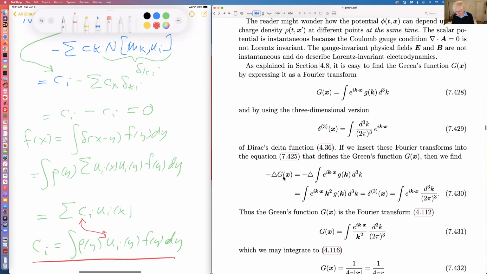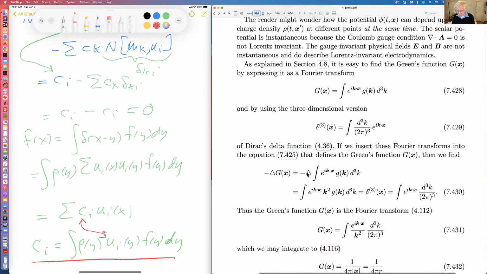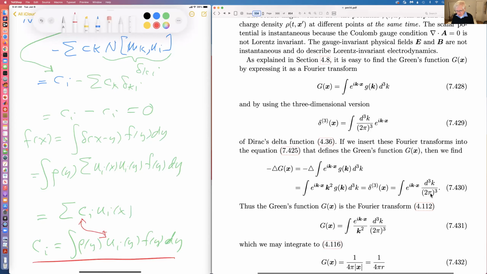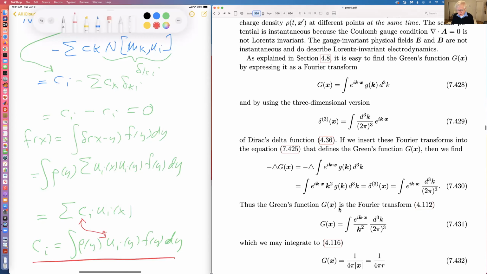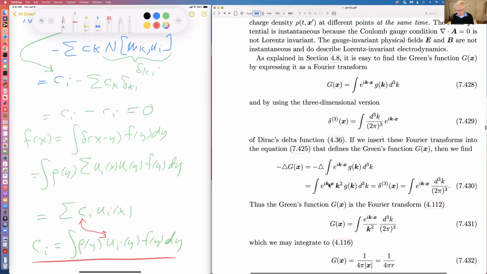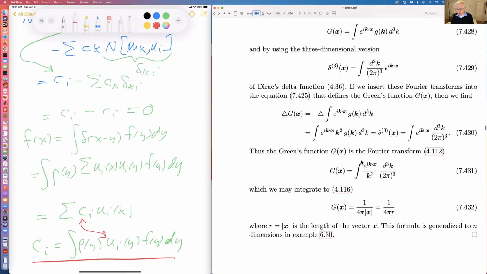Then you apply the Laplacian, the divergence of the gradient, to G, and the derivatives pull down a minus k squared, where the i's absorb the minus sign, and you want that to be the delta function. So the integrals look the same, except here it's k squared g, and there it's just 1. So clearly little g is 1 over k squared, and so we write it this way.